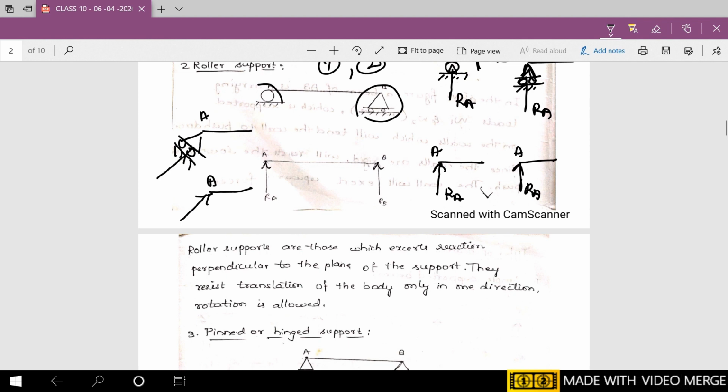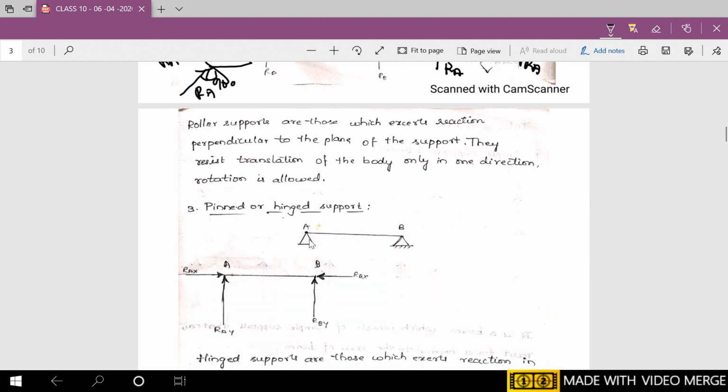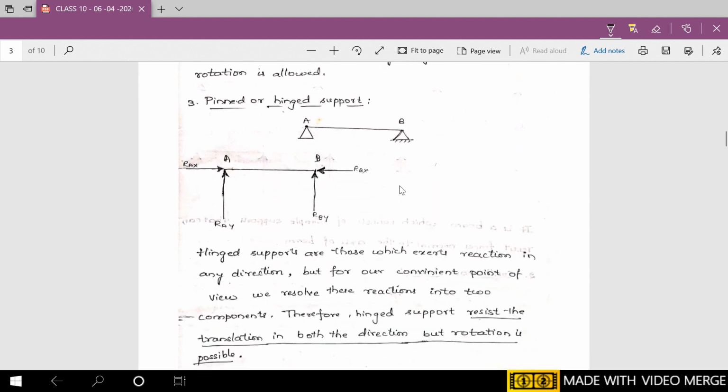That is, for this plane of consideration, RA has to be written at 90° only. If I draw a line, this should be 90°, and the other angle for the reaction has to be calculated while solving the problem.